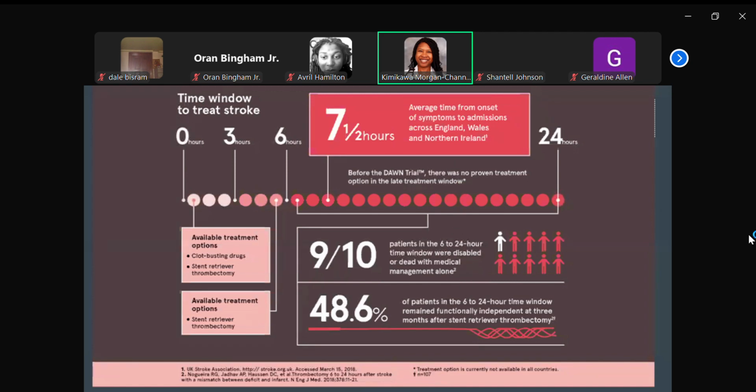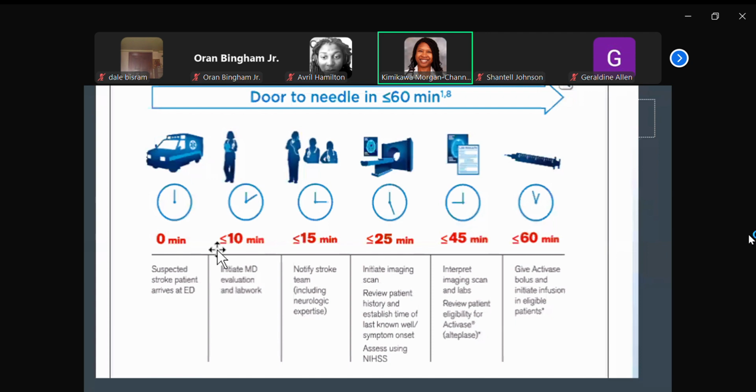They have people who come into the ER within 25 minutes. They get their CT. There's no hemorrhage. We check the eligibility criteria for alteplase or thrombolytic therapy. They meet the criteria.